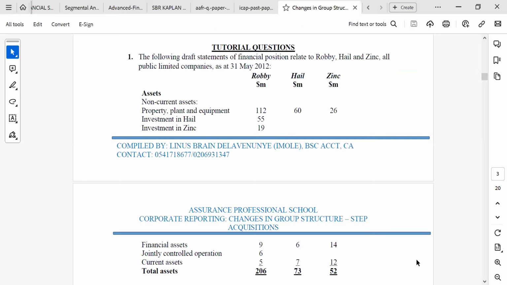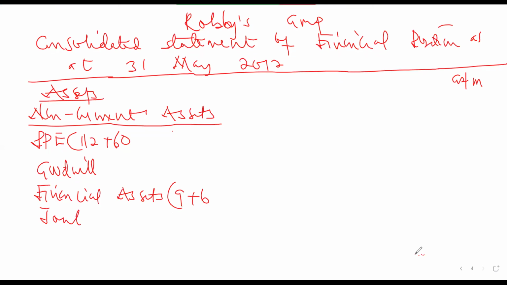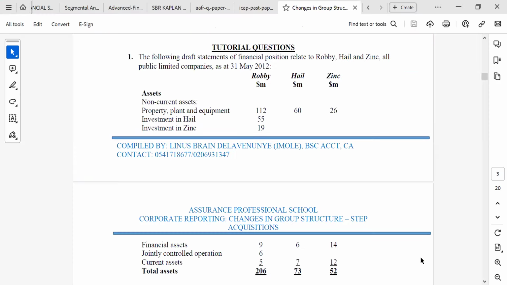Okay, then we have jointly controlled operation. How much is the figure there? That will be 6.